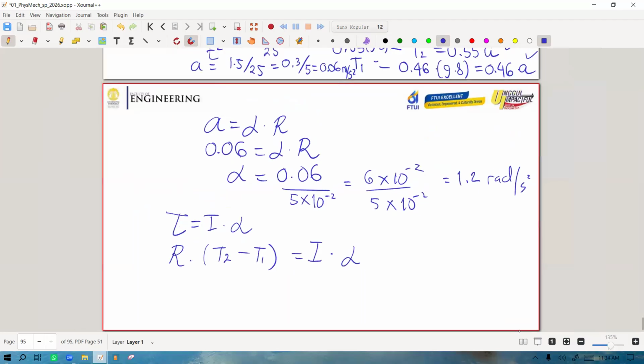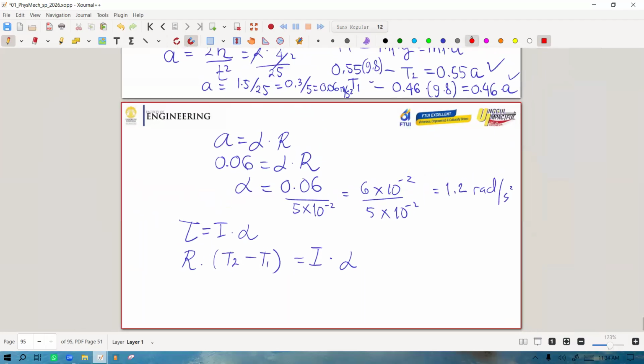We have T2 equal to 0.55 times 9.8 minus 0.55 A. This one is T2.